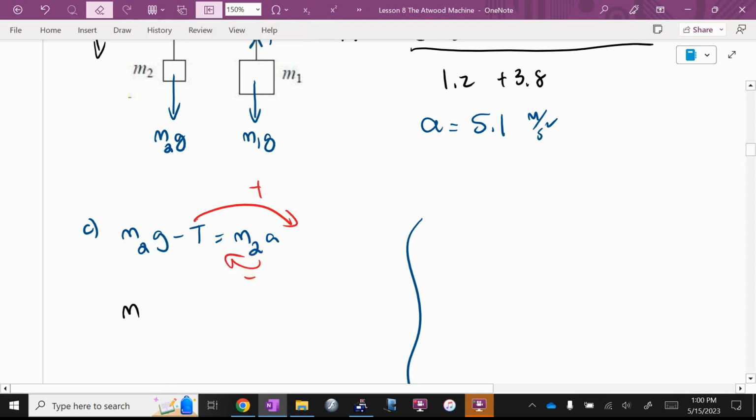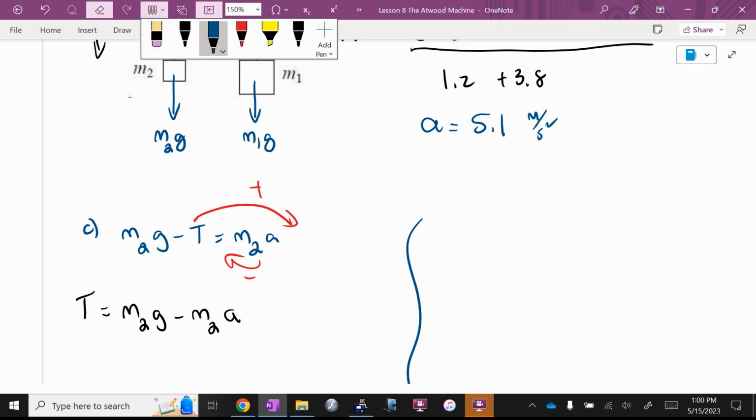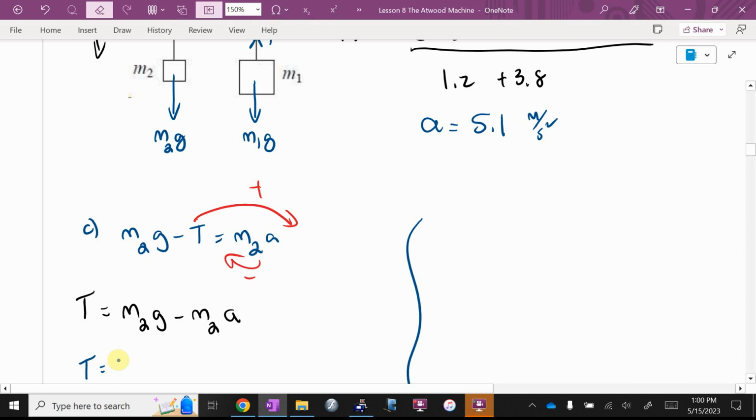I'll get M2G minus M2A. That equals tension. I'll get M2, 3.8, G, 9.8, minus 3.8. I'm going to use the full value, 5.096.